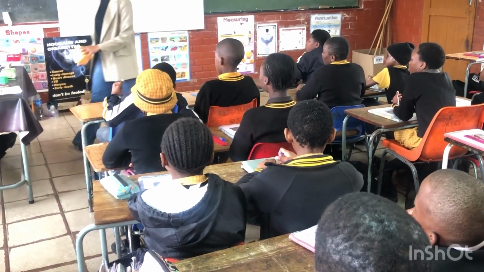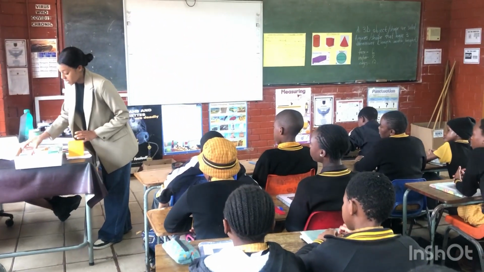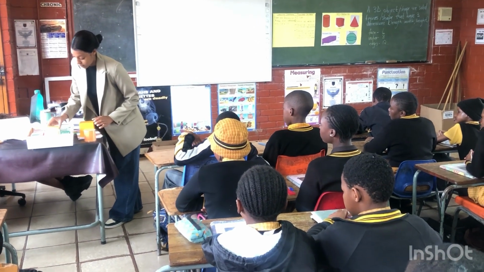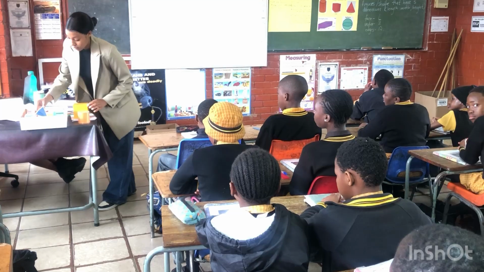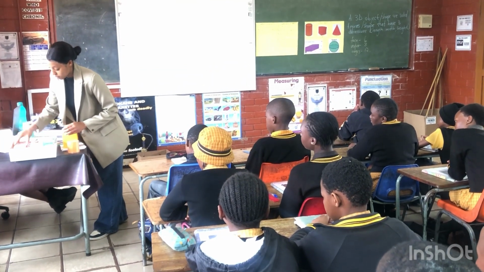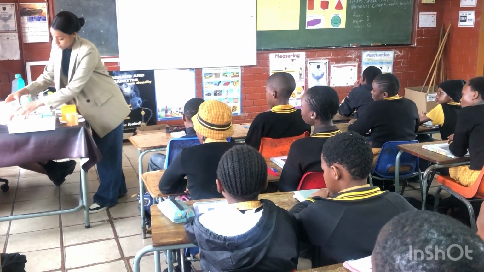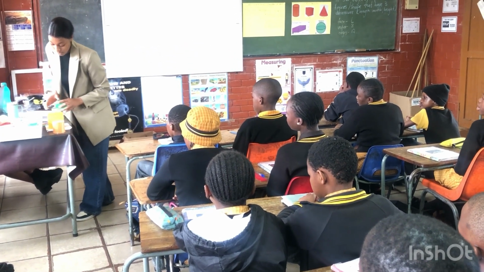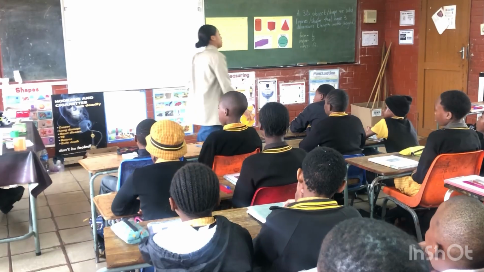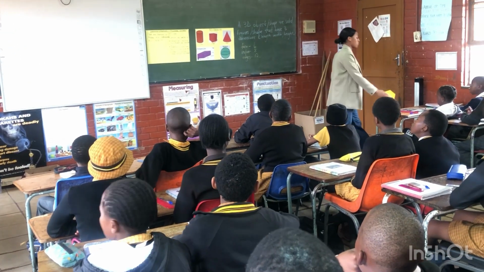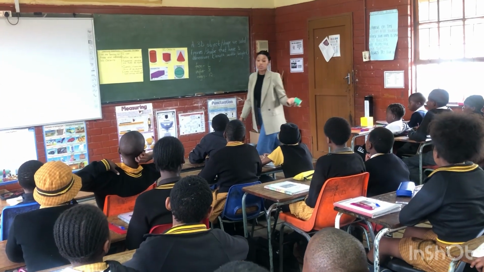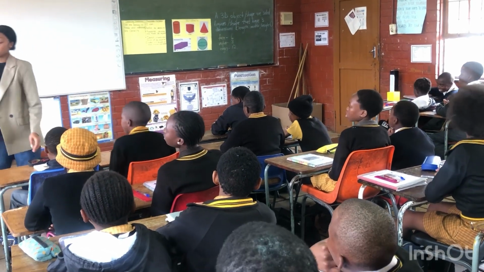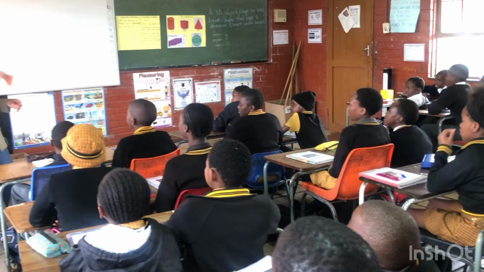So I'm just going to demonstrate these shapes. Okay. So you've got to look. So this row, I'm giving you a cube, right? This one is a rectangular prism. This one, cylinder.